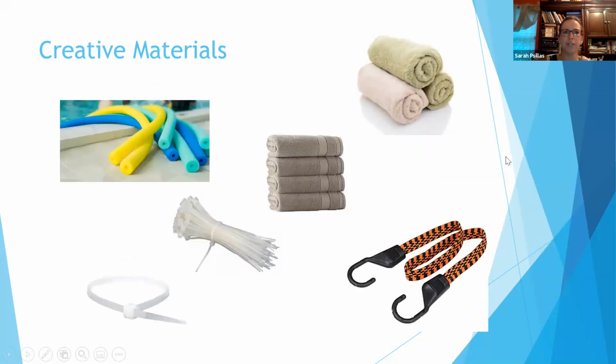Some other really awesome materials, pool noodles are a great resource. You can use them as they are and cut them into smaller chunks, or you can cut them in half the long way. And I'm going to show you some pictures of the use of pool noodles in a second. But they're great because they're soft and they won't cause too much pressure on the skin.